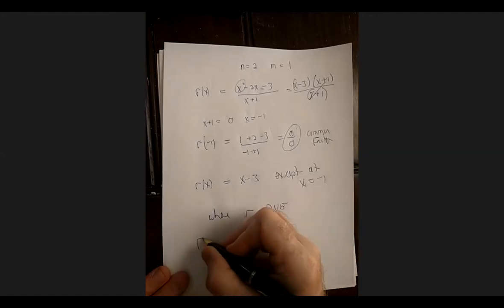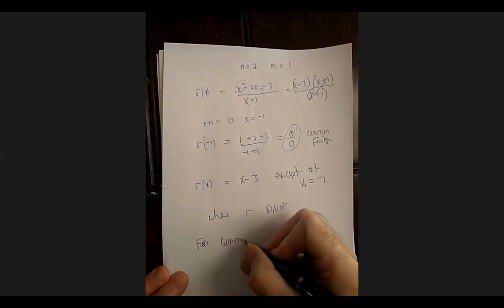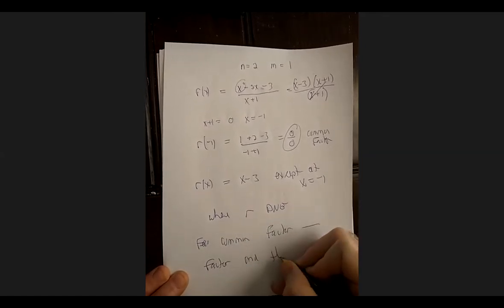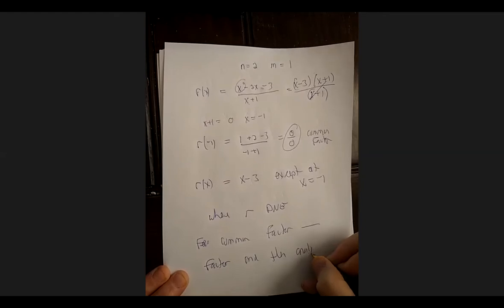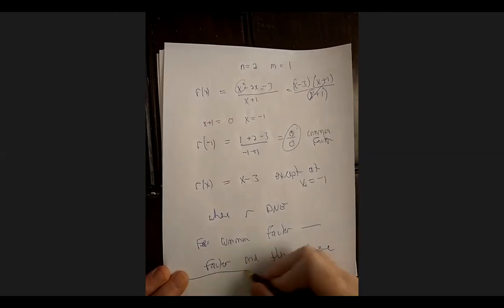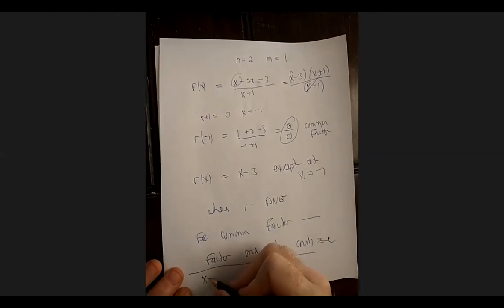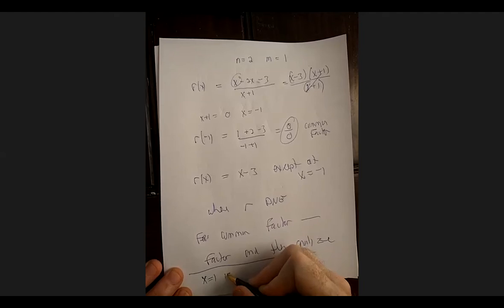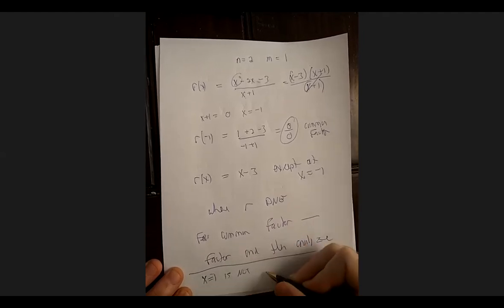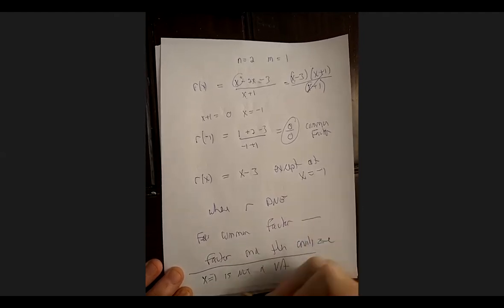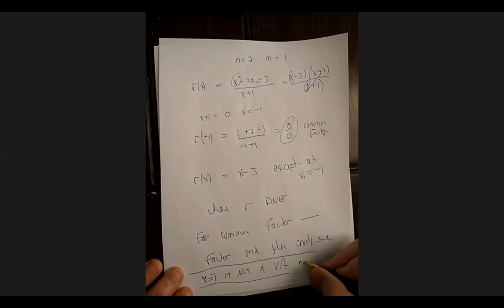So when there's a common factor, you have to factor. So if there's a common factor, you factor and then analyze. So the bottom line is that x equals minus 1 is not a vertical asymptote. So there are no vertical asymptotes.